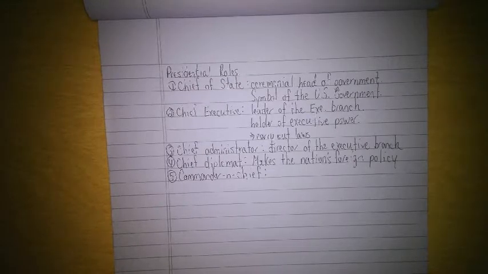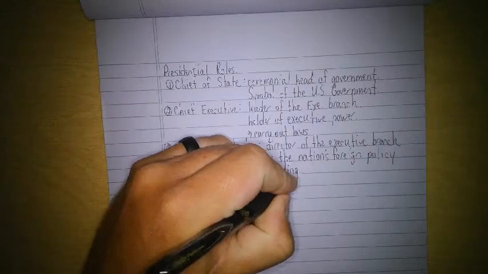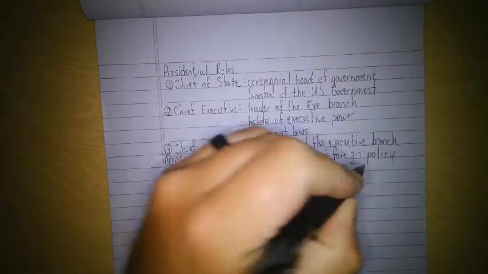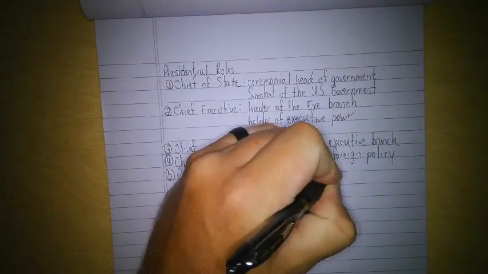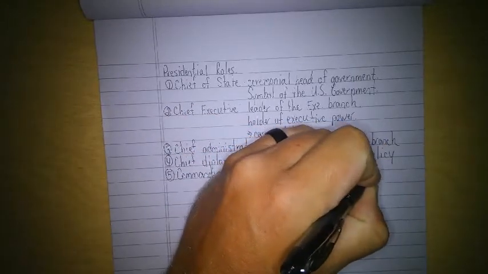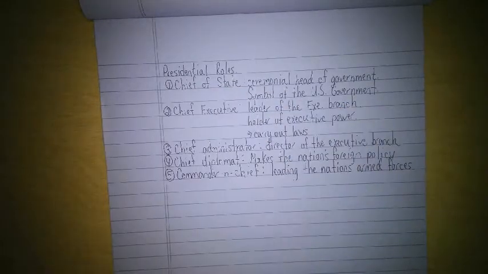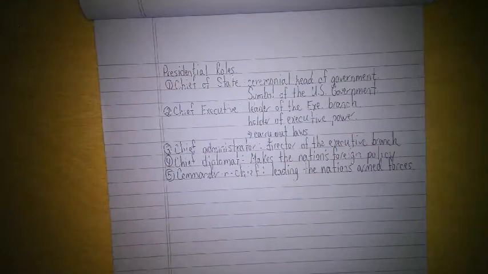So, this one you guys should know. When the president is acting as the commander-in-chief, he's in charge of what? Or he is leading the nation's what? Armed forces. Now, can the president send troops wherever he wants to send them? Yes. He technically can, but he can't act in a war-like mentality until who approves war? Congress, right?